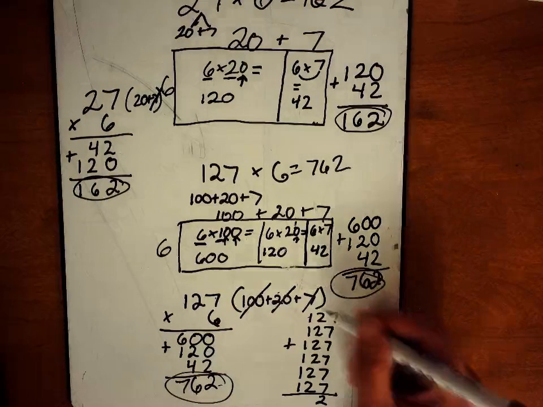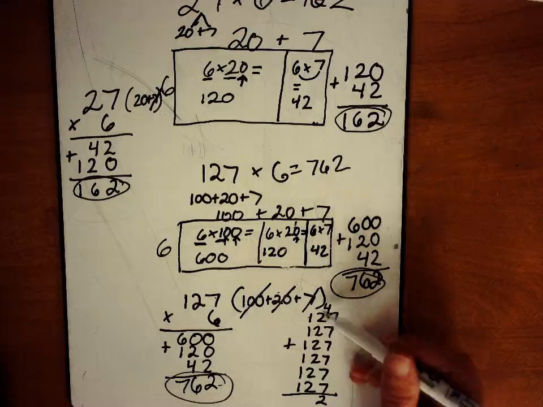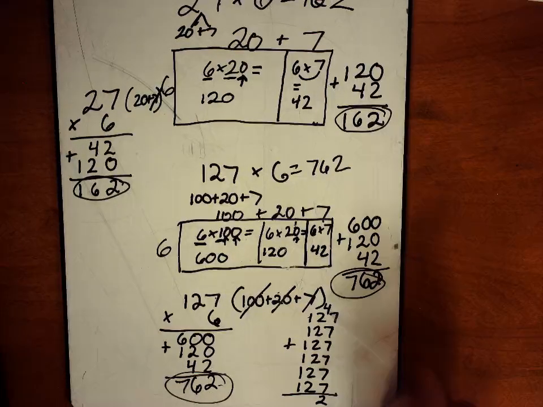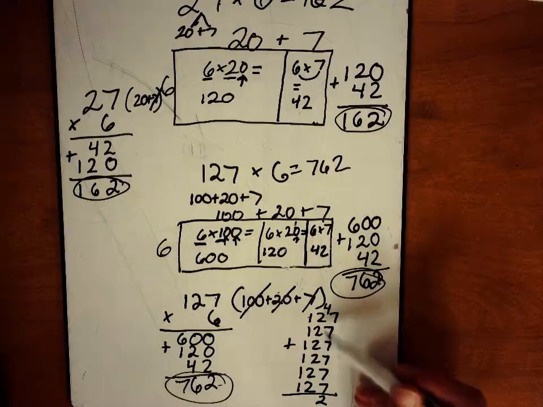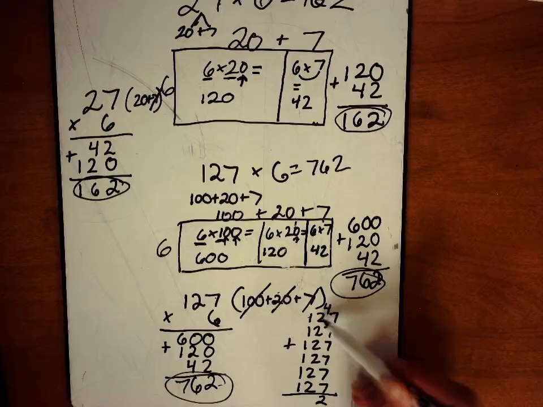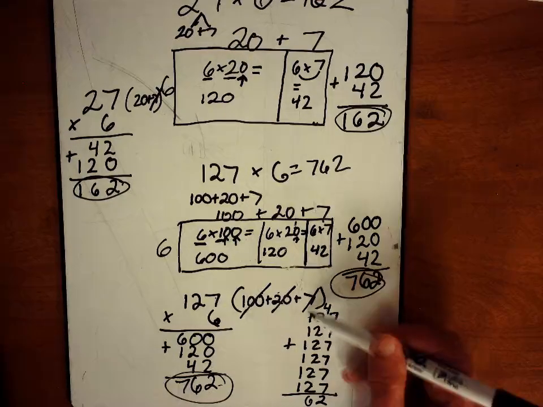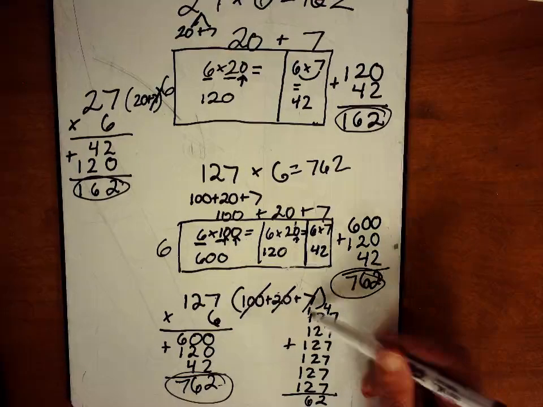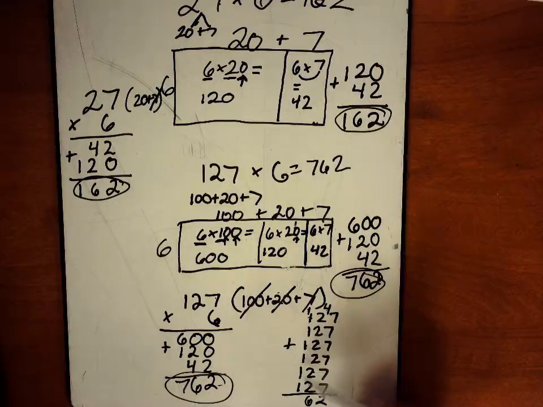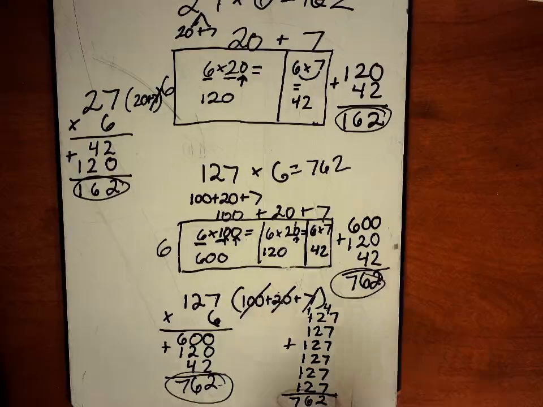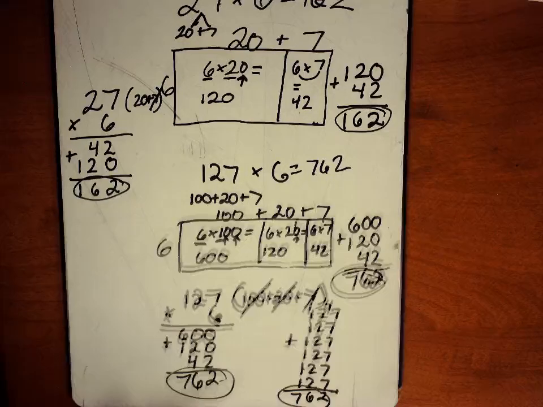And then I had 6 20s plus a 40, so 6 times 2 is 2, 4, 6, 8, 10, 12, 13, 14, 15, 16, 160. And then I've got all these hundreds, 100, 200, 300, 400, 500, 600, 700. So there are 3 different ways that I can think about that.